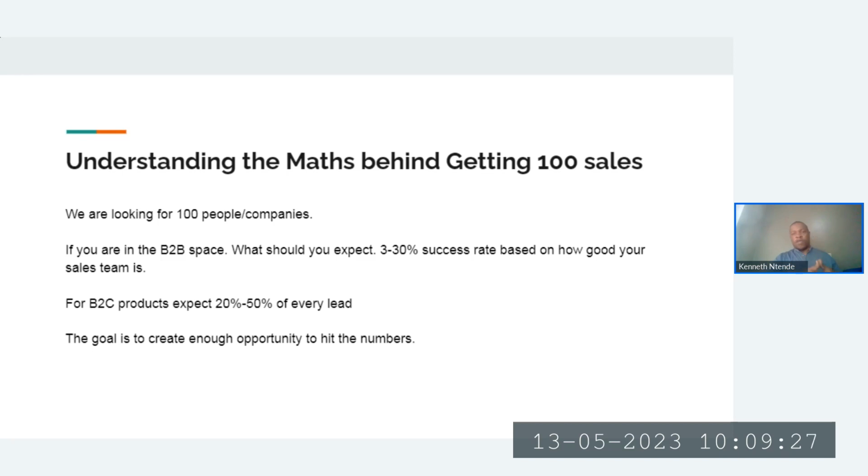So now let me start with the B2B. The way the B2B environment works is a bit different from the way the B2C environment works. When you're selling to businesses, the process is different. You approach a business, you introduce your idea. Take an example, we sell CRM software and marketing automation software. When we approach those organizations, the first thing we do is talk to the sales manager, or the marketing manager, and help him understand why this is valuable to him, pitching our value proposition.